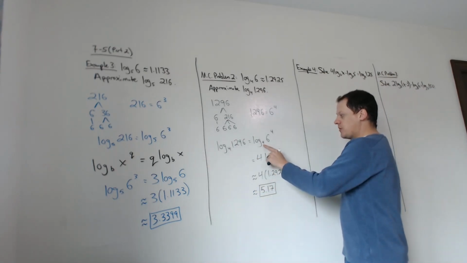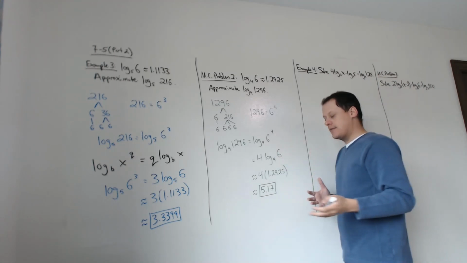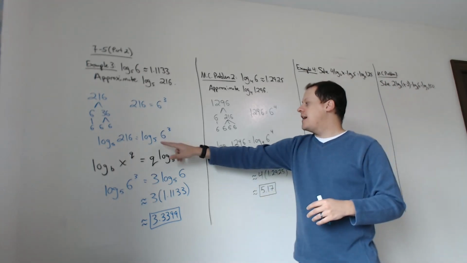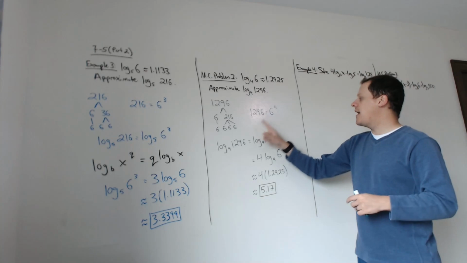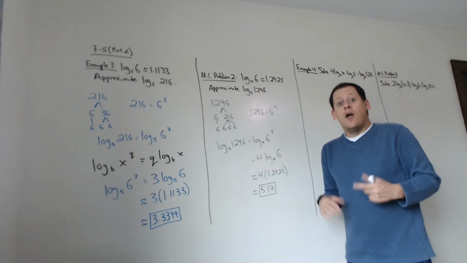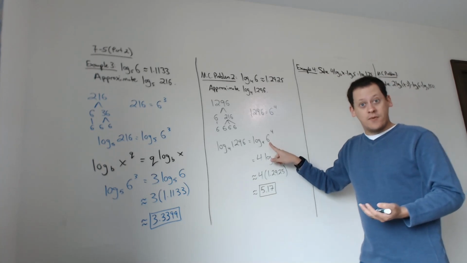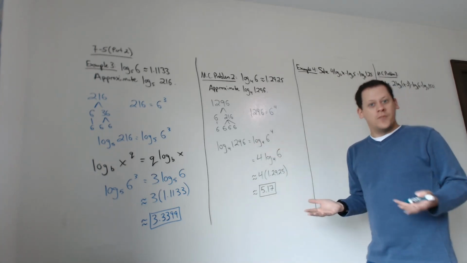I don't want you to get tripped up trying to look for patterns that don't tell you anything. Just know that if you've got a log of a base to a power, you can put that exponent out front. But if these bases do happen to be the same, it's much easier to just say, okay, that's just 4.